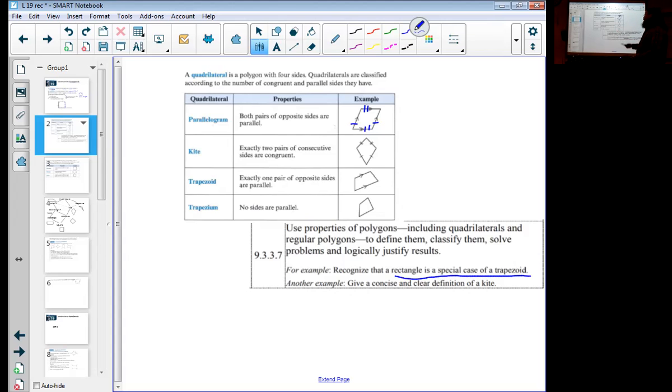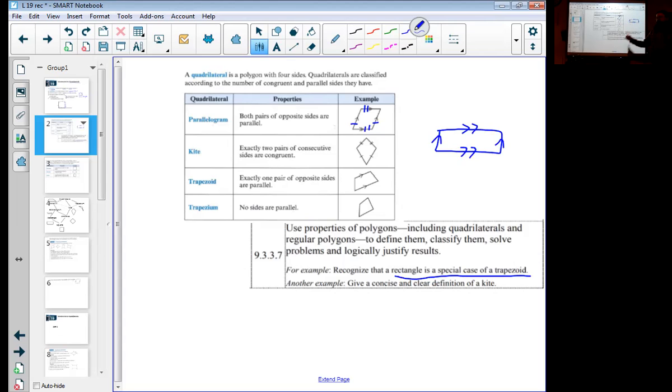So that means that we can't have exactly one, because exactly one means we have one and no more. But if we're talking about a rectangle, this side is parallel to that, which means, okay, yep, we got a trapezoid, but because of the definition given by the book, these two cannot be parallel.